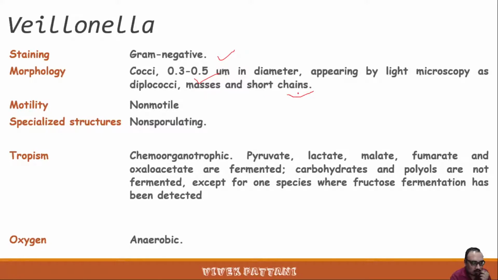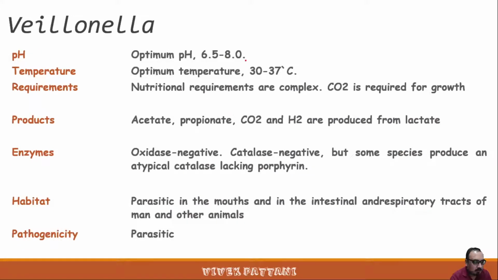And the specialized structures: they are non-sporulating, chemoorganotrophic, in which pyruvate, lactate, malate, fumarate and oxaloacetate are fermented, and carbohydrates and polyols are not fermented, except for one species where fructose fermentation has been detected.